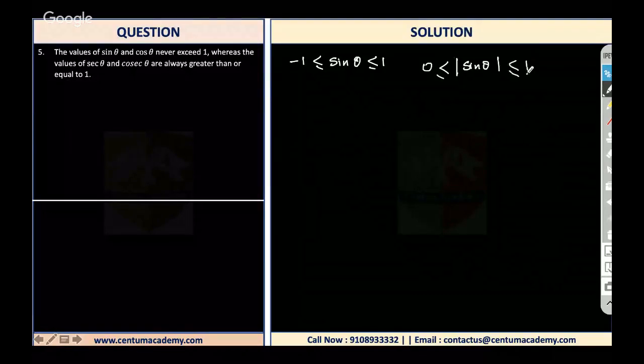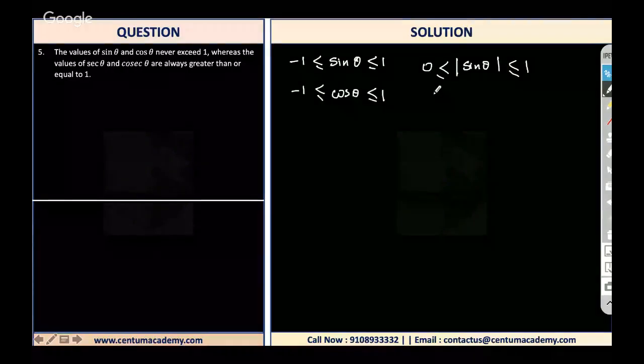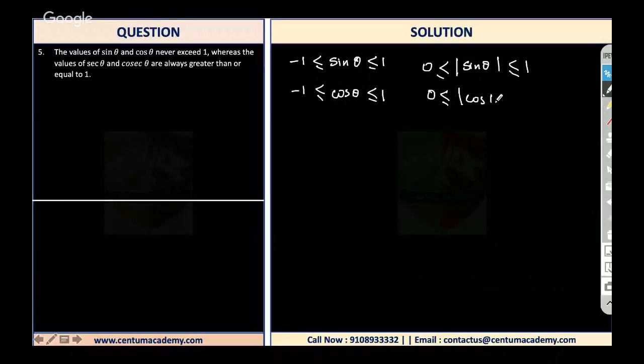The mod value of sine theta will always be at most 1. Similarly for cos theta, 0 is less than or equal to mod of cos theta, less than or equal to 1. Mod is nothing but the absolute value of sine and cos. And it is very evident from the graph. So let's say this is theta.